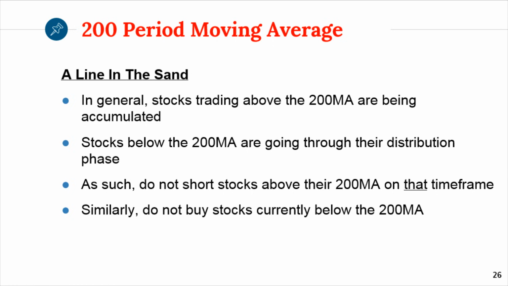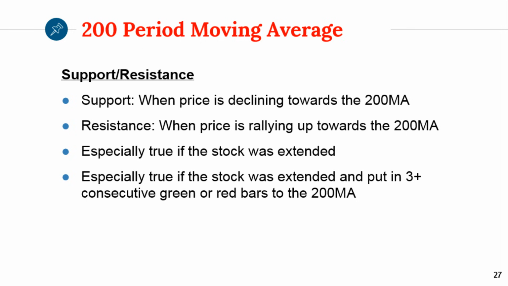I'm talking about one time frame at a time here. If you see a setup on a given time frame and the stock is above the 200 period moving average, you don't want to short that. Similarly, do not buy stocks that are currently trading below their 200 period moving average. It's really important, by the way.